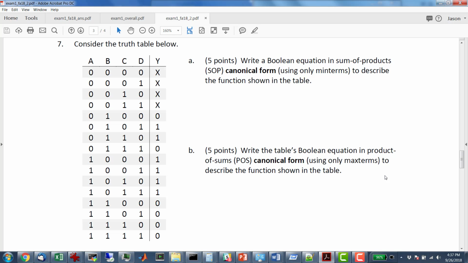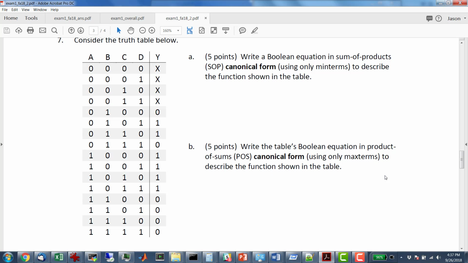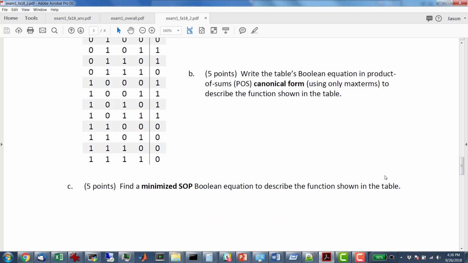Bottom line is that you ignore the don't cares because this is the minterms in canonical form. The minimized SOP would allow you to incorporate the don't cares in order to, and also other redundancies in the logic.